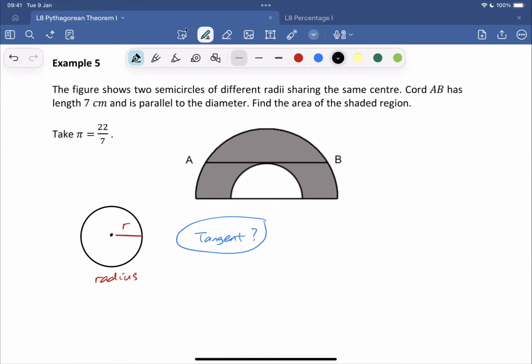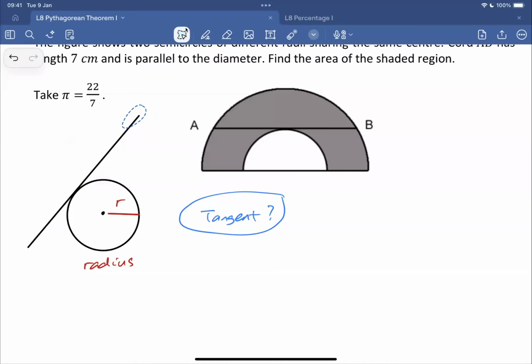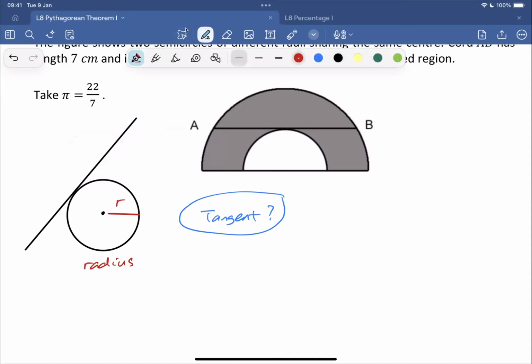Students, look. If I were to draw a line, and this line only touches the circle at one point, so it barely touches, just one point, then you can call this a tangent.